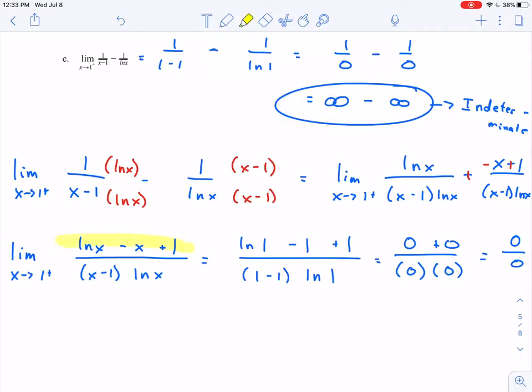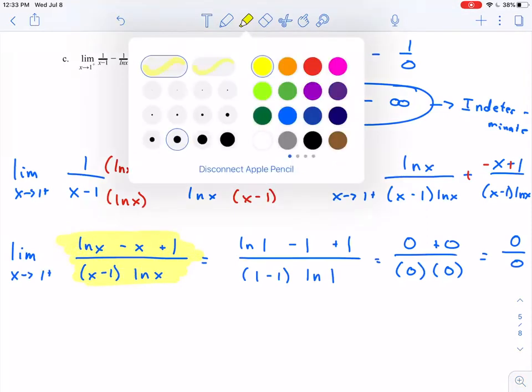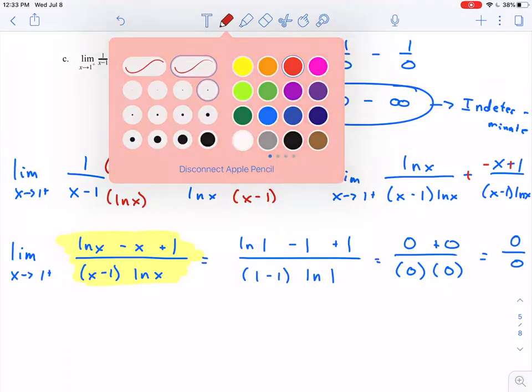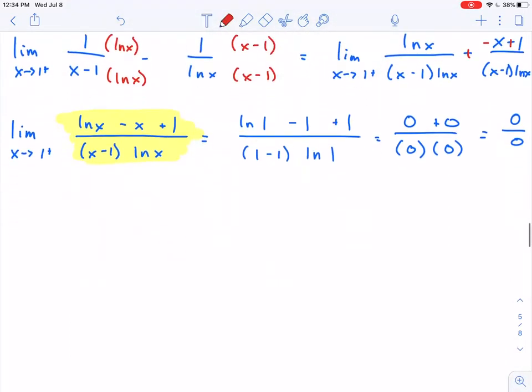So I would like to take the derivative of my numerator and the derivative of my denominator of this function that I've just highlighted here. So let's do that. Limit as x approaches 1 from the right-hand side, I'll have 1 over x minus 1 divided by, here be careful, I almost made this mistake.